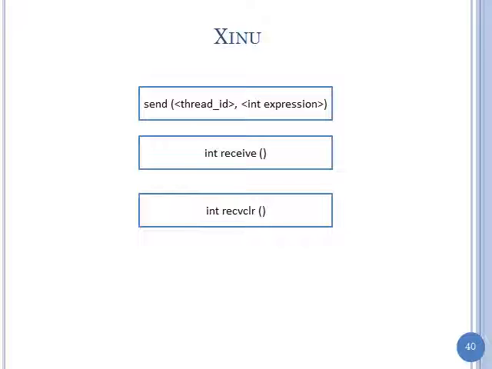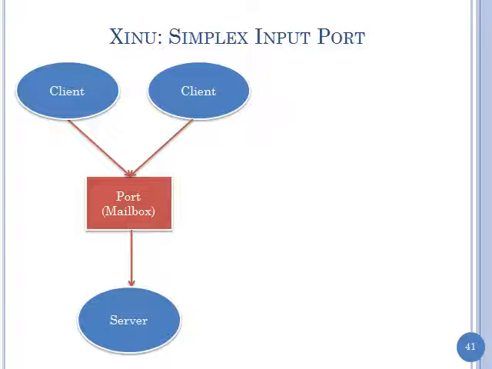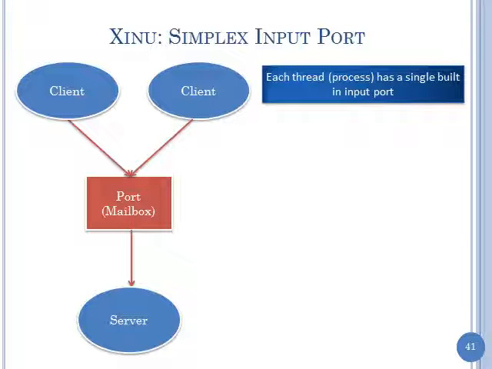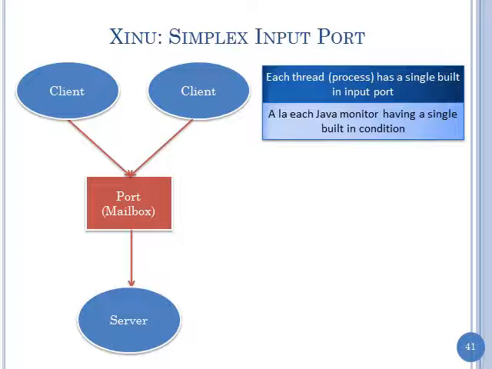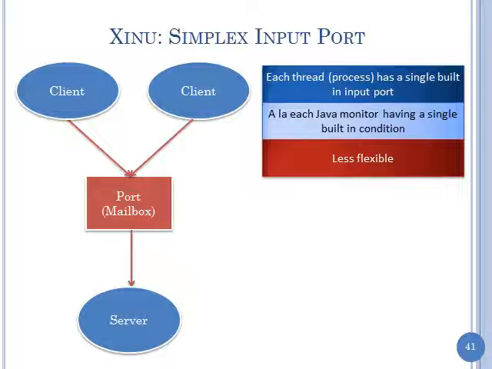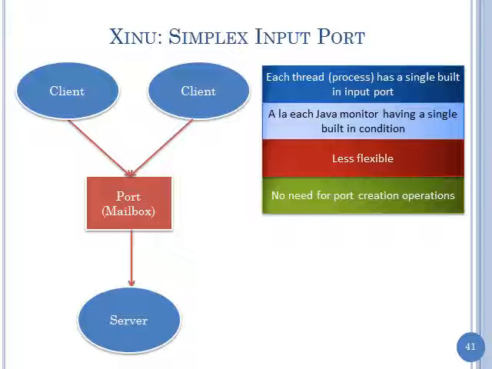How many input ports does each process have? One, because the PID is the port ID. So each thread process has a single built-in input port, and this is just connecting to the monitor. So you don't have to go and create a port. It's just simple that way.